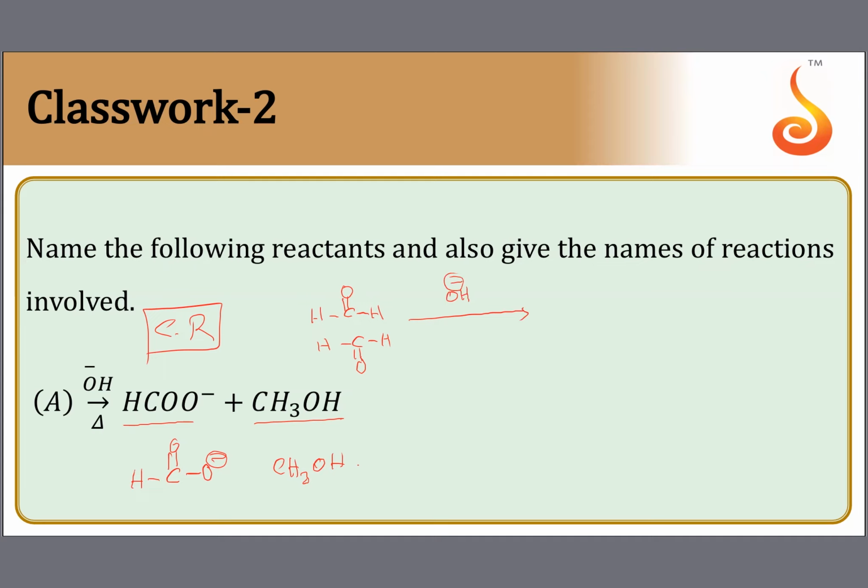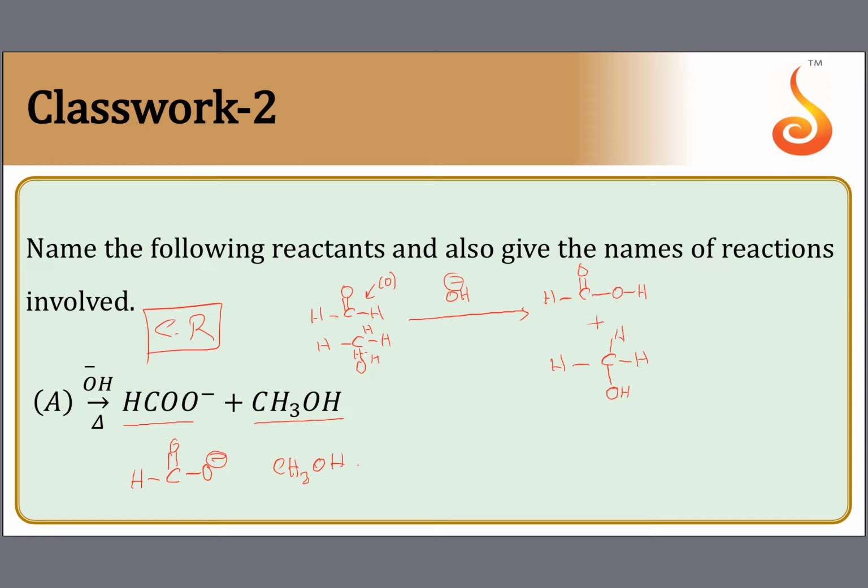One carbon undergoes oxidation, the other carbon undergoes reduction. So oxygen is inserted. One is undergoing oxidation. The other carbon is undergoing reduction by the insertion of two hydrogens, one at oxygen, one at carbon, giving methyl alcohol.